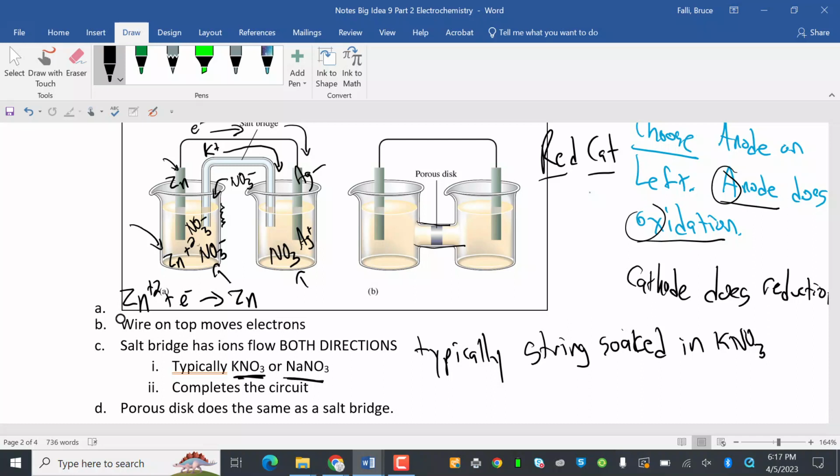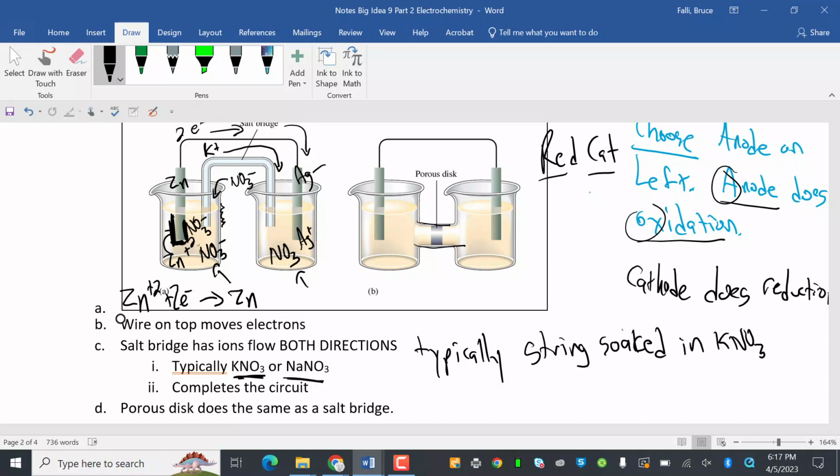Looks like I actually did this backwards again, but that's okay. So if this is what's happening here, zinc +2 is going to plate on here, and it's going to get fatter. And it's going to release 2 electrons.